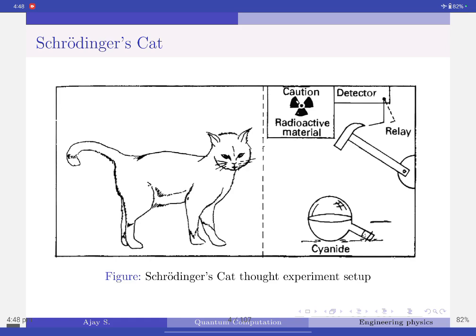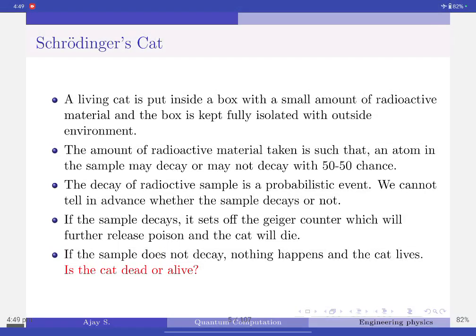It is a probabilistic event. The radioactive material may decay or it may not decay. If it decays, it is going to release the poison, and the cat is going to die. Or if the material doesn't decay, the poison is not released and the cat stays alive.